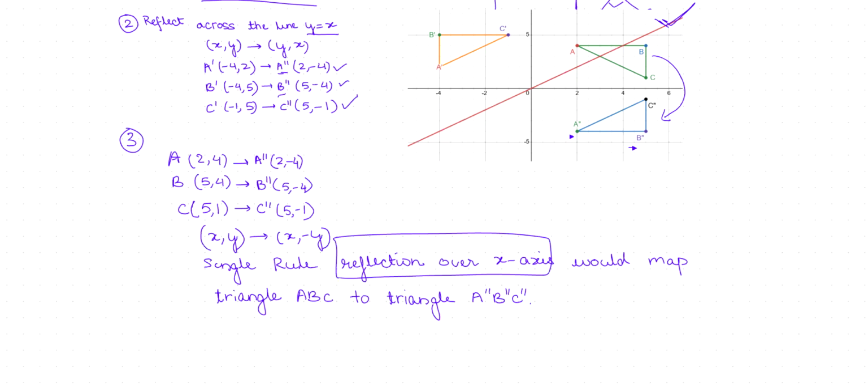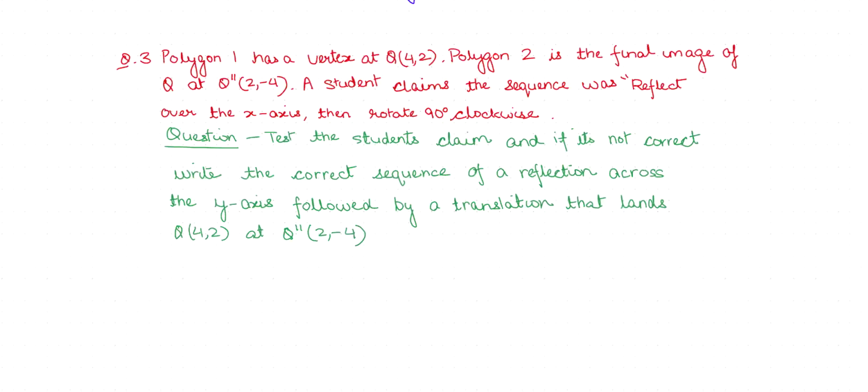Let's do one more problem. Question 3 says that polygon 1 has a vertex Q (4, 2), and polygon 2 is the final image of Q at Q'' (2, -4).